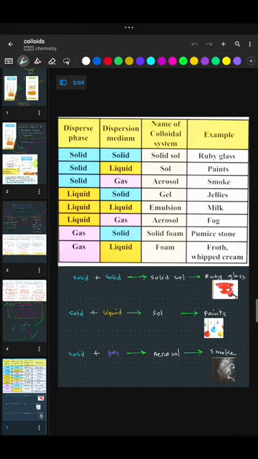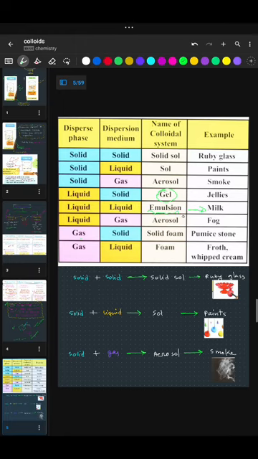Basically, when we put a colloidal solution in a solid phase and the solid dispersion medium is also solid, it is known as solid solution. And you can see if it's solid plus liquid, we call it sol. The examples are given here, and if we put solid and gas, it's called aerosol. Liquid and solid, it's basically called gel. Liquid and liquid, it's emulsion, for which an example is milk.